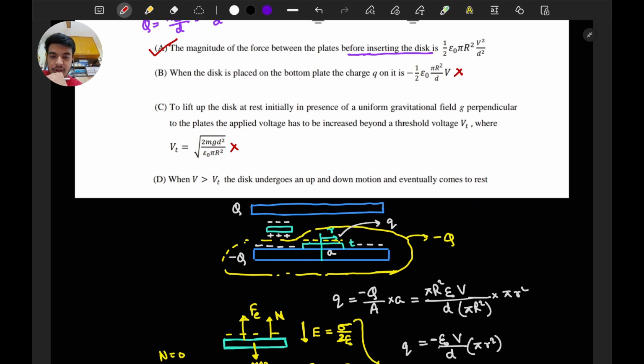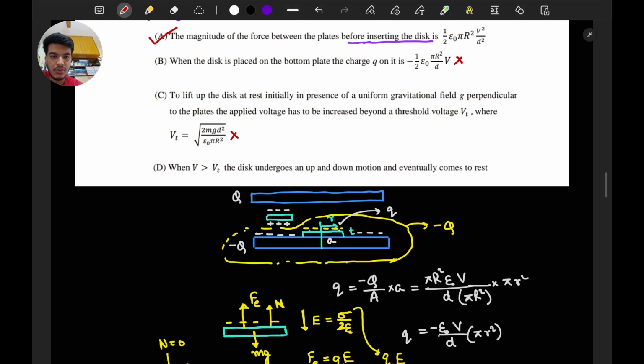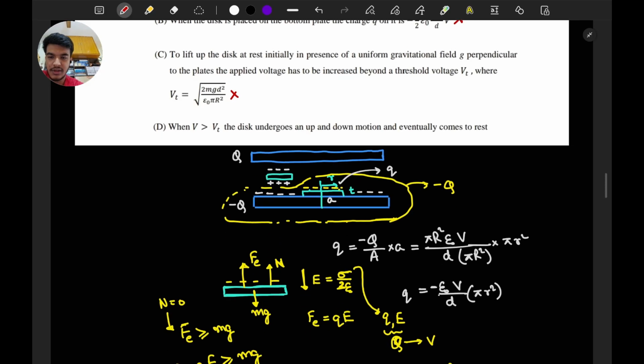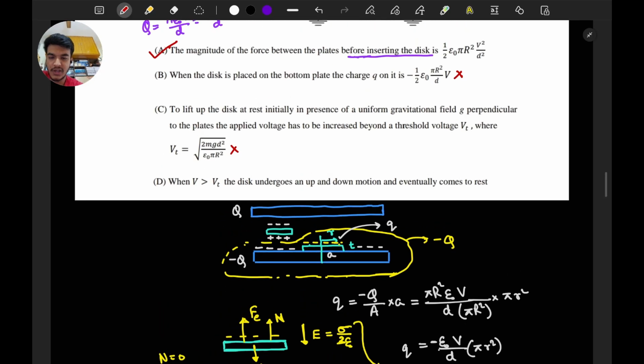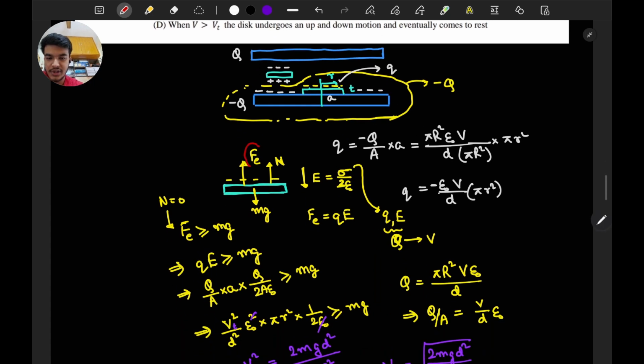When V is greater than Vt, the disk undergoes an up and down motion and eventually comes to rest. Okay, so obviously what you can see is if I increase the voltage above the threshold voltage, this electrostatic force would be increasing, and at some point it will lose contact and this disk will move upward.